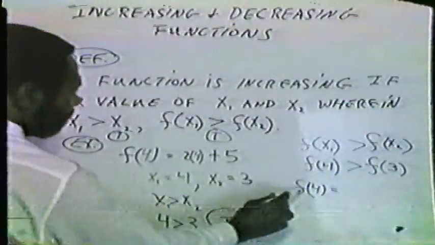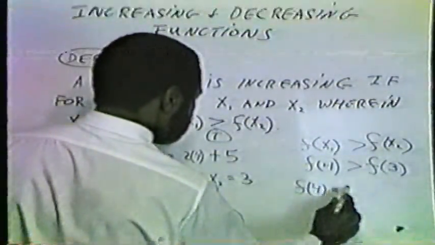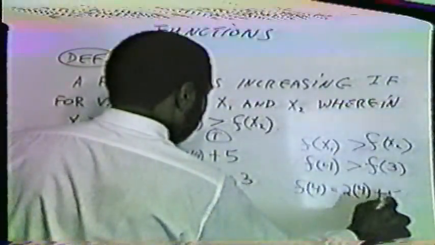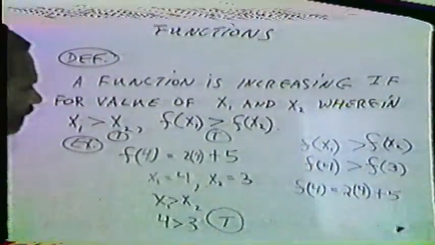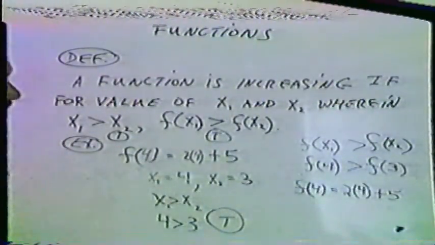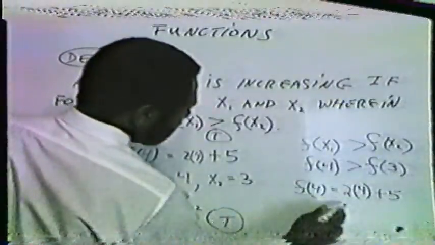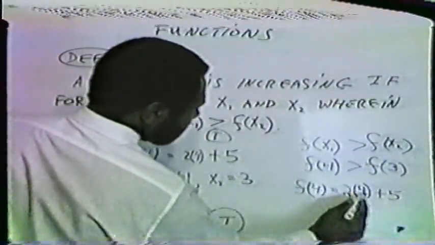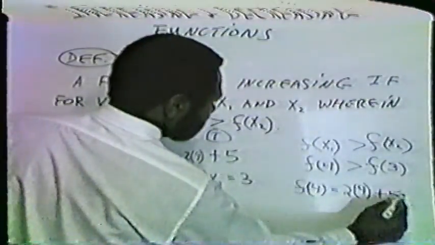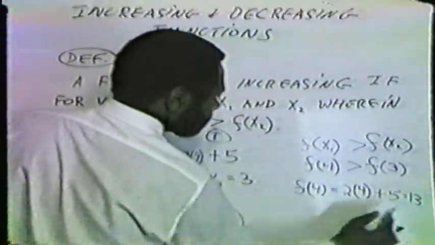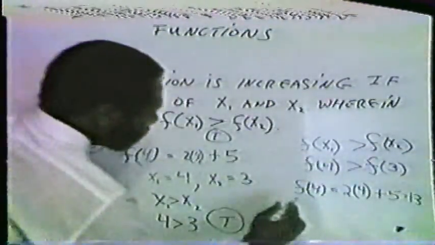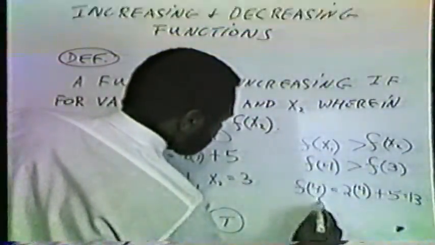So f of 4 is equal to 2 times 4 plus 5. Then we simplify that. 2 times 4 is 8, plus 5 gives us 13. This means that f of 4 is equal to 13.